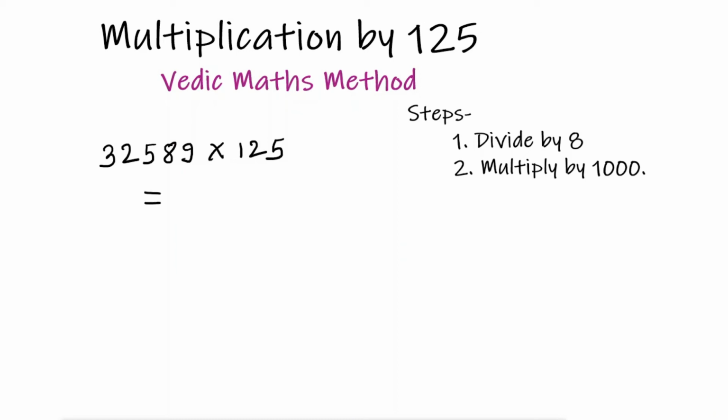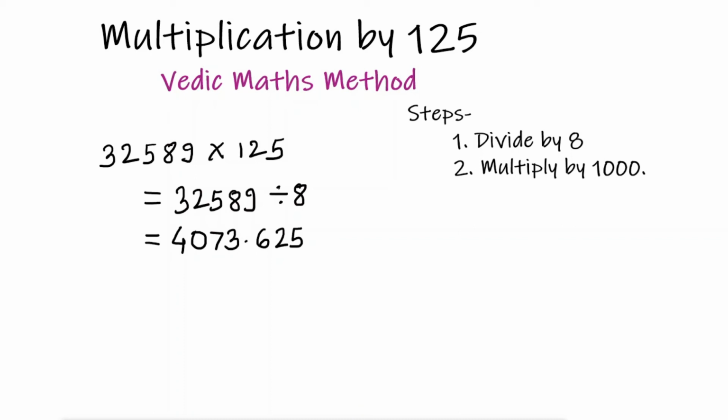Let's write the number 32,589 and simply divide by 8. What is the answer? The answer is 4073.625.